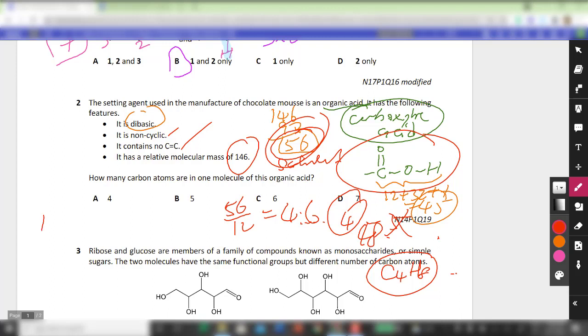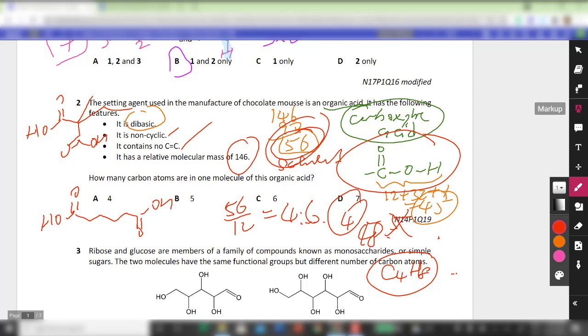One possible structure, as I've shown in class, is a straight chain that looks like this, or I can have it branch, that's 1, 2, 3, 4. These are two possibilities. Whatever the case, the total number of carbons will be 6, so I will pick 6 as the option.